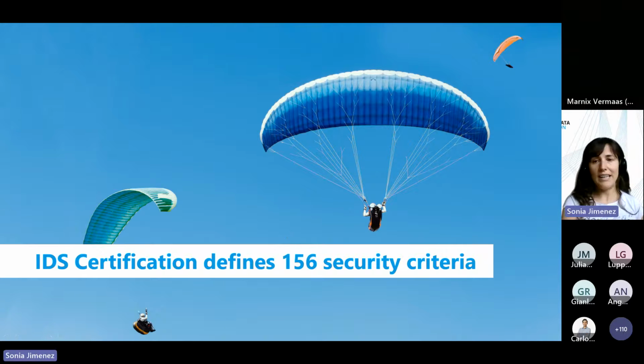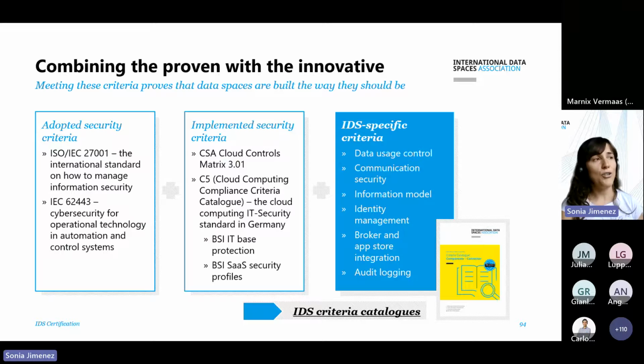So we've defined a very extensive certification scheme based on 156 security criteria. And here you have an overview of those criteria. We've based our certification scheme on adopted standards like the ISO 27001 on how to manage information security, the IEC 62443 for cybersecurity, and also the CSA Cloud Control Matrix and the C5 for cloud computing compliance criteria.